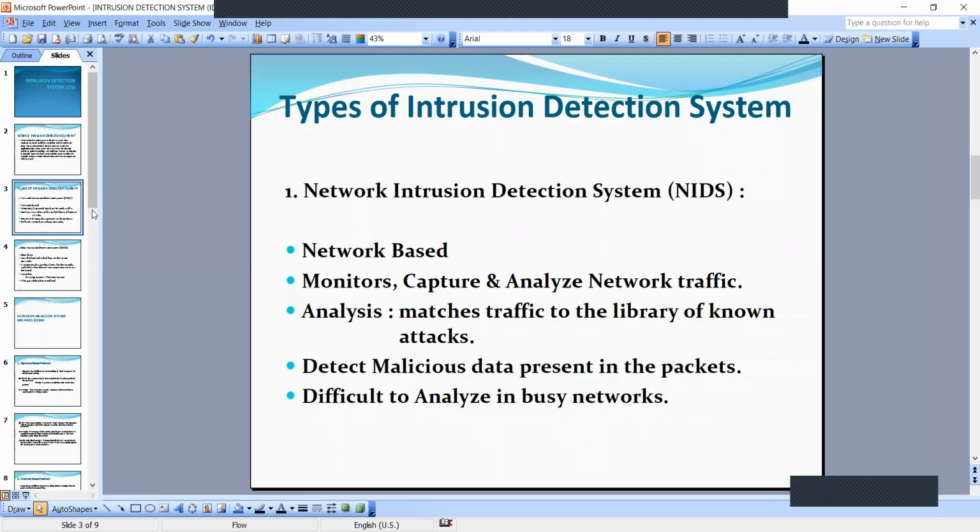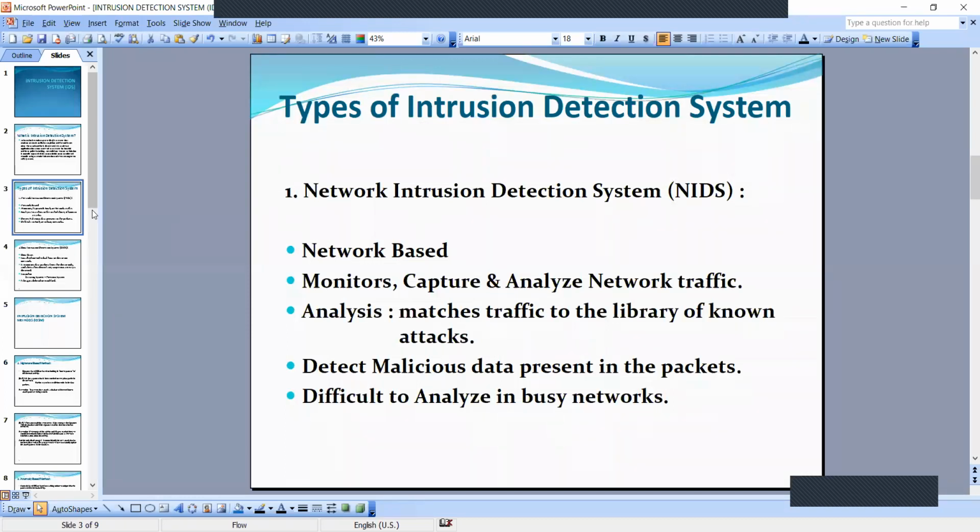Network traffic means the data packets in your network that are continuously moving around the network.